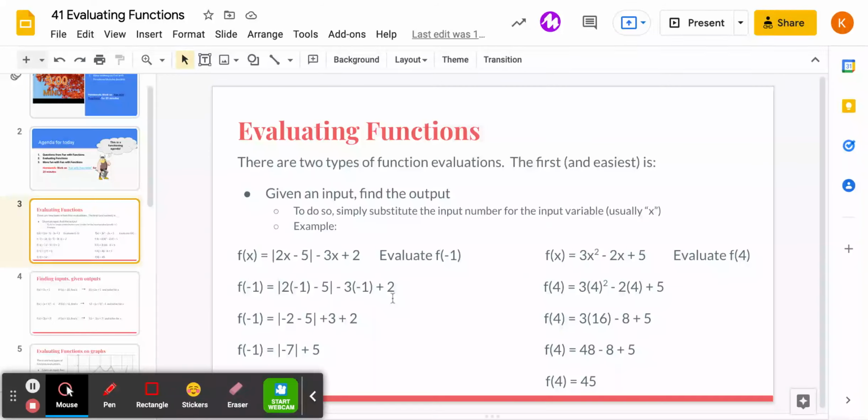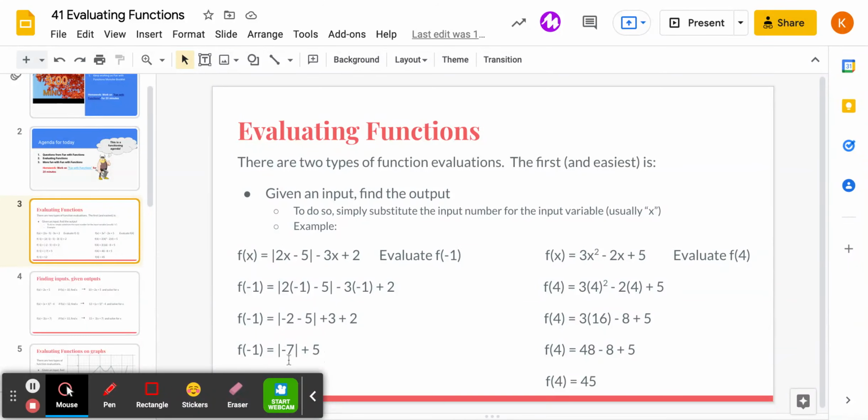Now you just have to evaluate this. Inside the absolute value, we will have -2 minus 5. Outside the absolute value, we have +3 and +2. So -2 minus 5 is -7, and 3 plus 2 is 5.